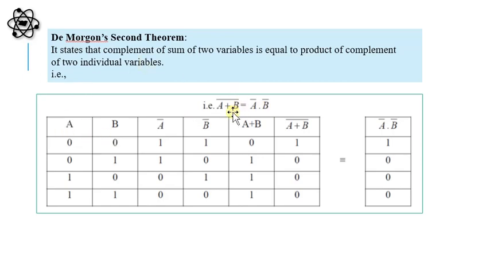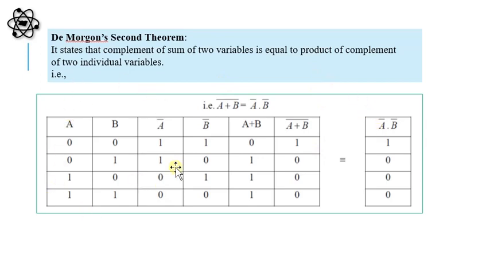Again, since two variables are used, we will take A, B, A bar, B bar, then A plus B, then the complement of A plus B, and the result we get is 1, 0, 0, 0. And individually when we do A bar dot B bar, we get 1, 0, 0, 0. So if you observe, LHS is equal to RHS.